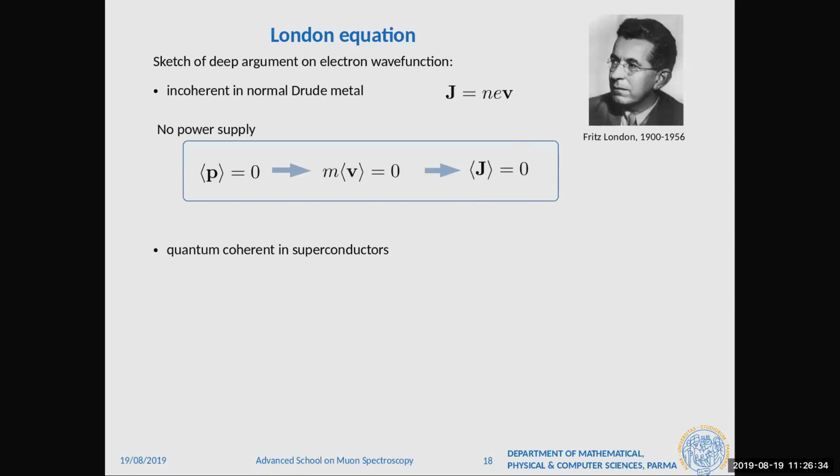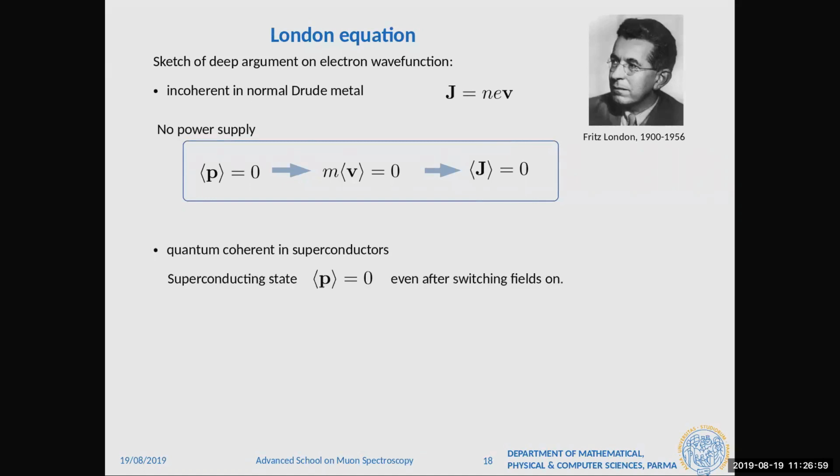So now, if you have a quantum coherent superconductor, you can think of applying a field to that. And the point that London was thinking of was, since you're in a quantum coherent state, you should still conserve linear momentum. So linear momentum, if it was 0 at the beginning, can't be different from 0 after. You simply apply the magnetic field, right?